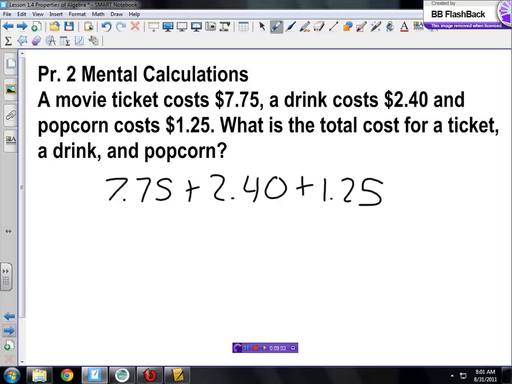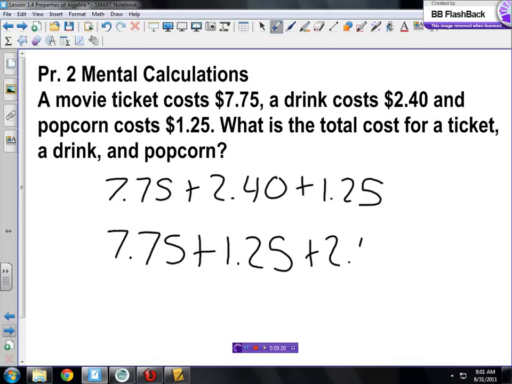Okay, so adding 775 and 240 is kind of tough, right? But what do we know about addition? Does it matter which order you do it in? No. So would it be easier if I wrote it this way? All right, would it be easier?